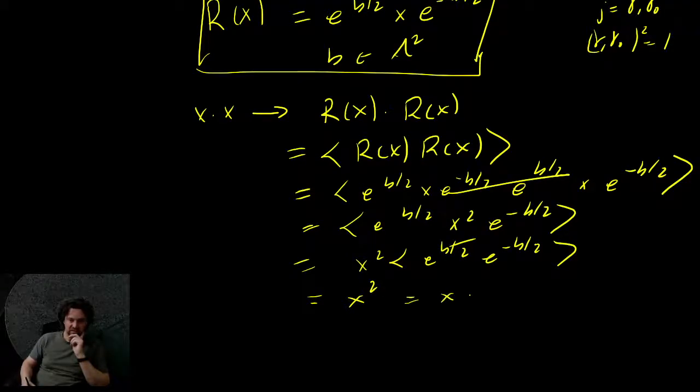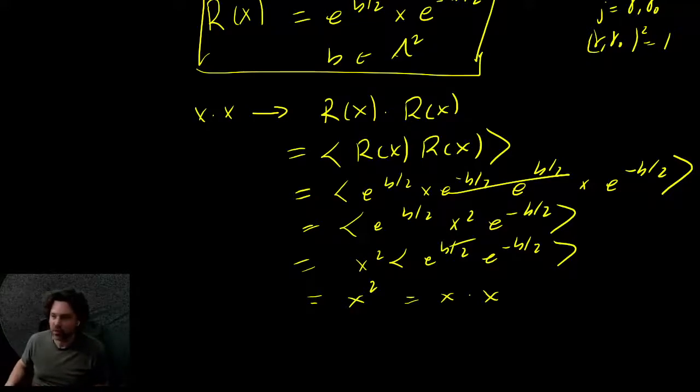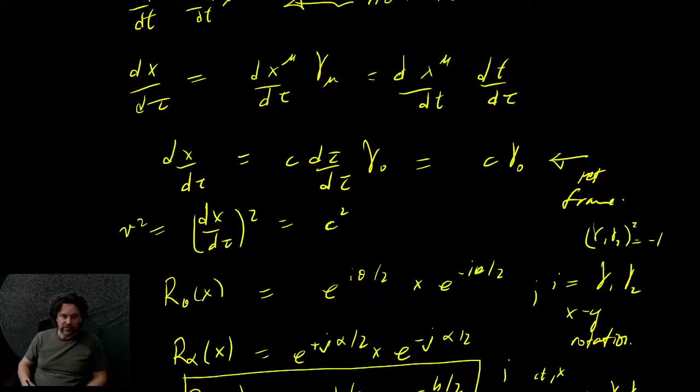That's x dot x. So rotating in space or rotating in a space-time plane, in both cases we have the same quantity where they are space-time distance preserving, and that is the justification for saying that our proper velocity is an invariant quantity.